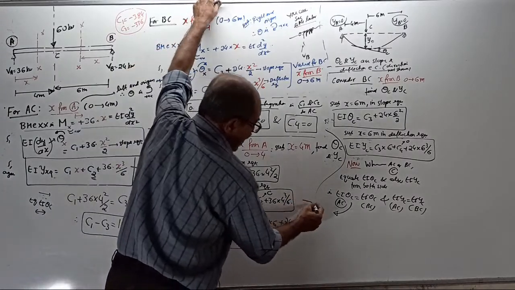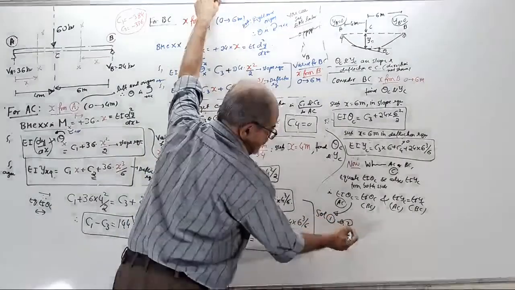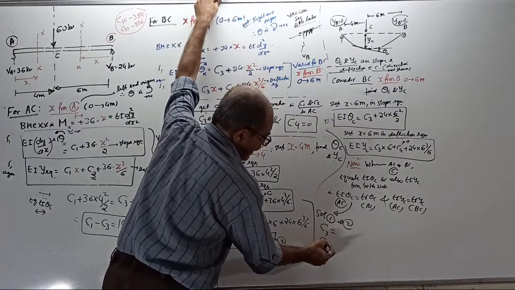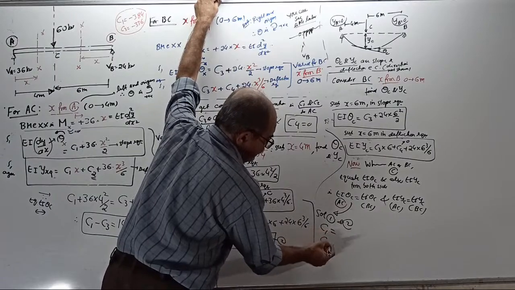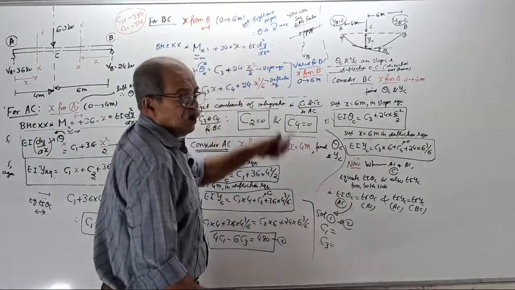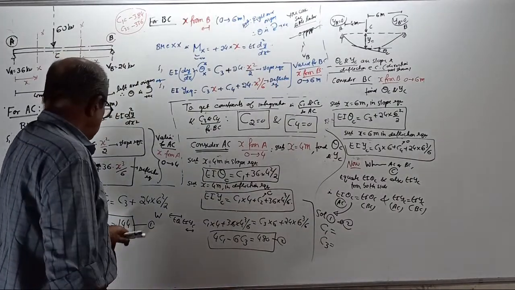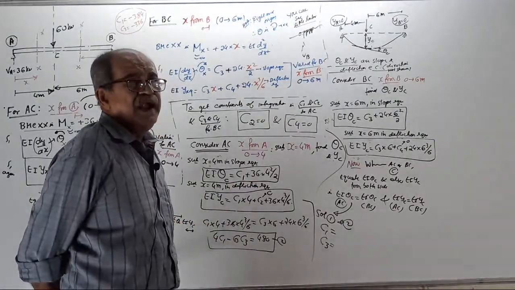Now, fast, solving 1 and 2, get the value of C1 and the value of C3. C1 minus C3 equals 144. 4C1 minus 6C3 equals 480.